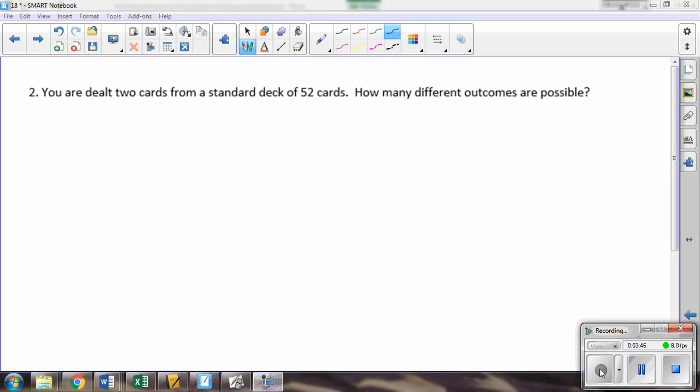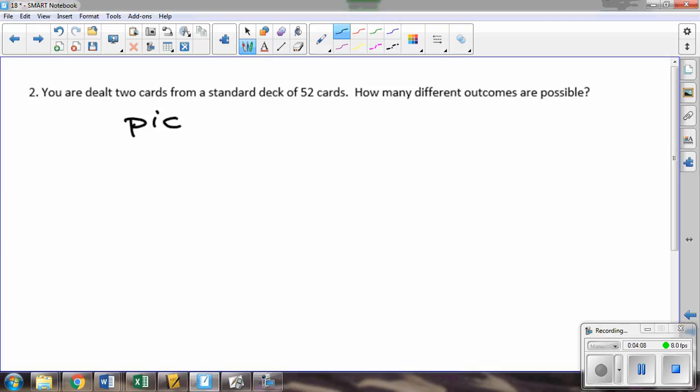All right, continuing to the second question. You are dealt 2 cards from a standard deck of 52 cards. How many different outcomes are possible? Observation you have to make here. We're picking items from a group.